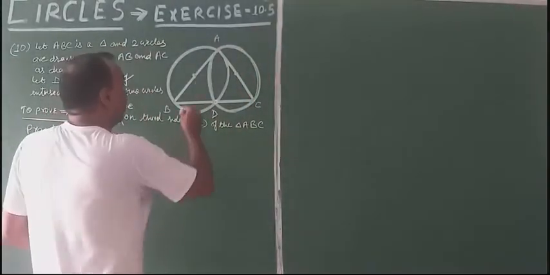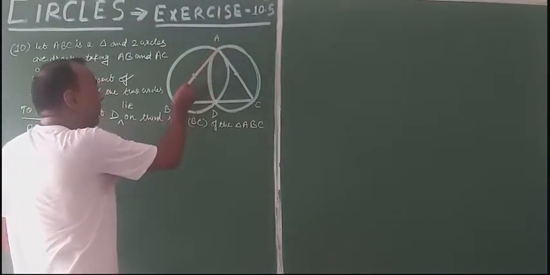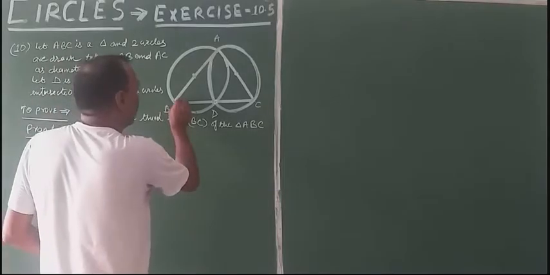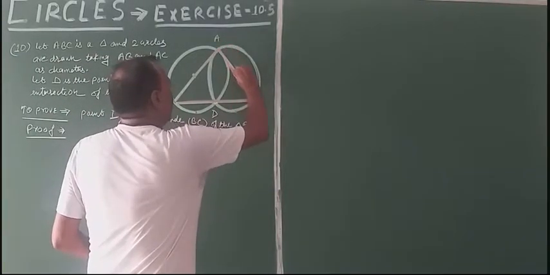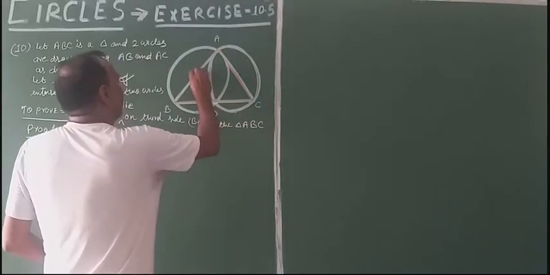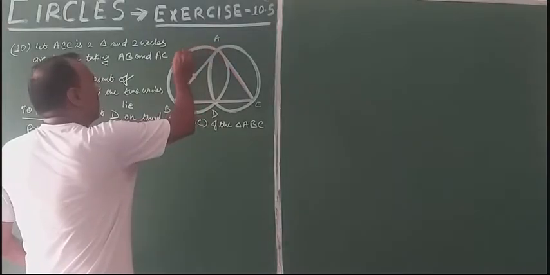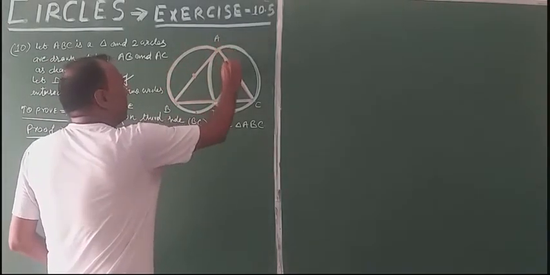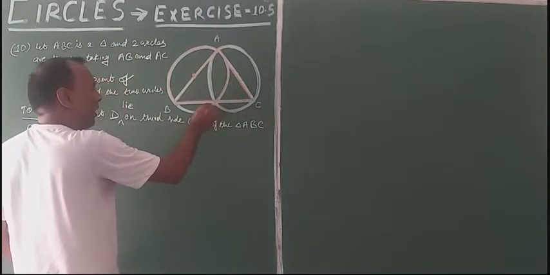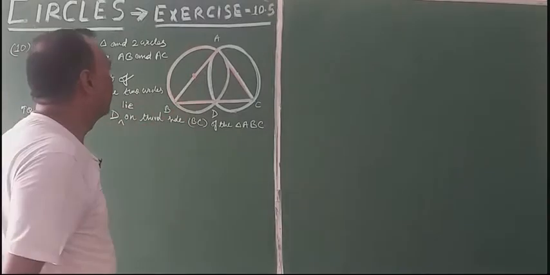Just look here. This is the triangle ABC. And these are the circles drawn. This is a circle drawn taking AB as diameter.